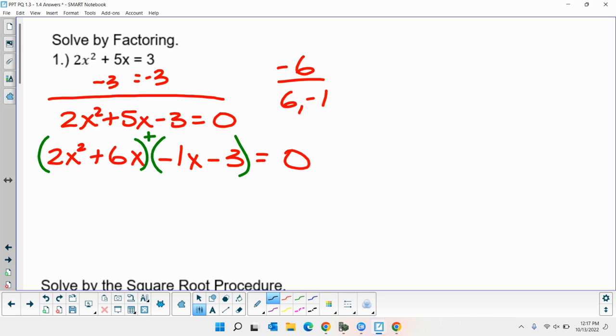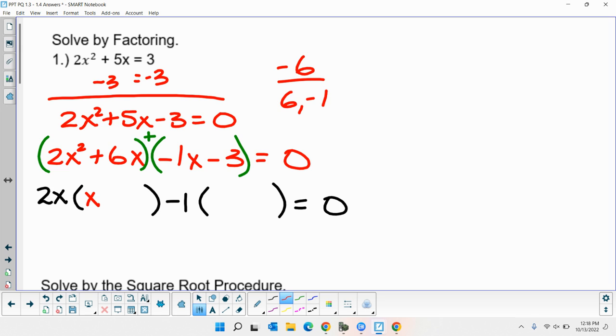What's common to this group? First group, 2x. What's common to the second group? Negative 1. Nothing's really common, so you can always make it a 1. So you got to put that number there. Remember, because that third term is negative, pull out the negative sign. So what's 2x squared divided by 2x?